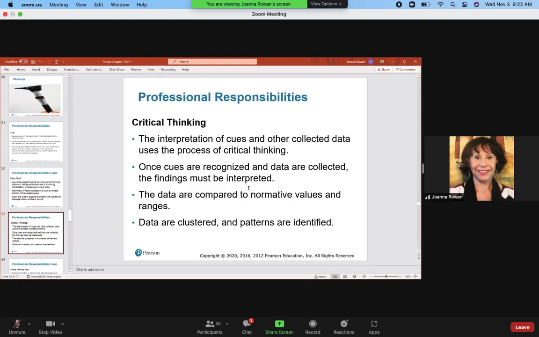For instance, let's say that you admit a patient with a very low blood pressure, and then they do some lab work, and it turns out that the hematocrit is like 22, and the hemoglobin is 8.